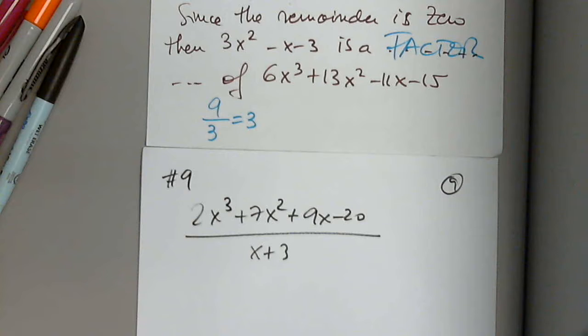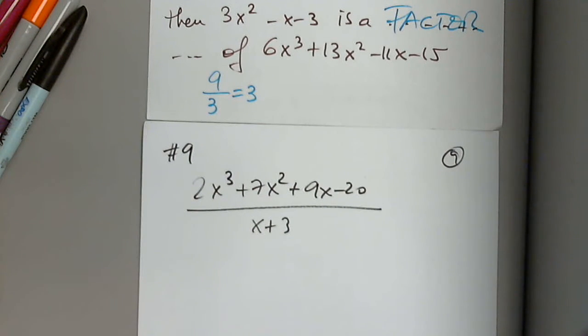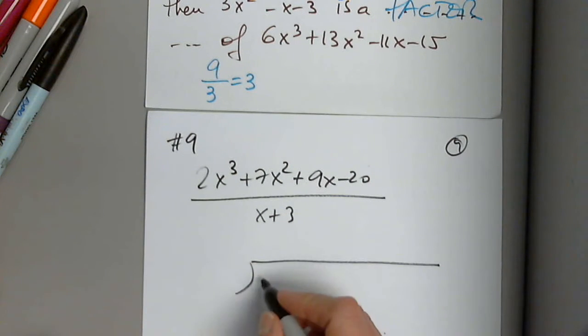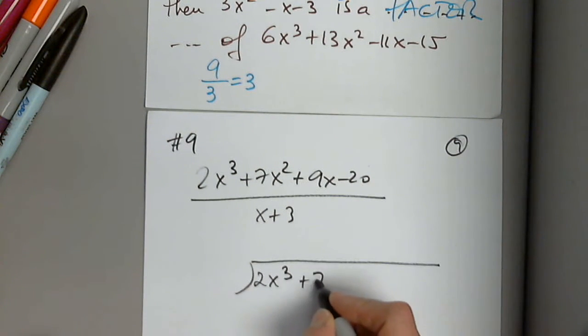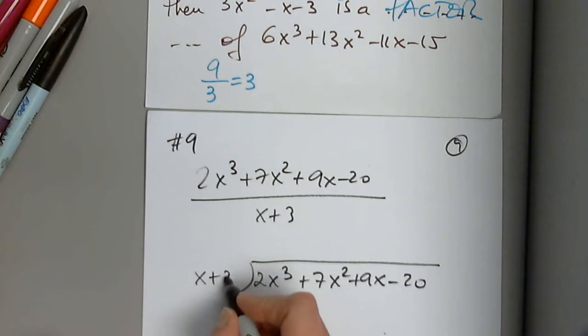Descending order, top and bottom. Perfect. Any missing term from the top? What happens if there is a missing term? I have to leave a space for that missing term, and we will look at a problem like that. But there is no missing term. Degree 3 is there, degree 2 is there, degree 1 is there, degree 0 is there. So let's start. 2x cubed plus 7x squared plus 9x minus 20 and x plus 3.